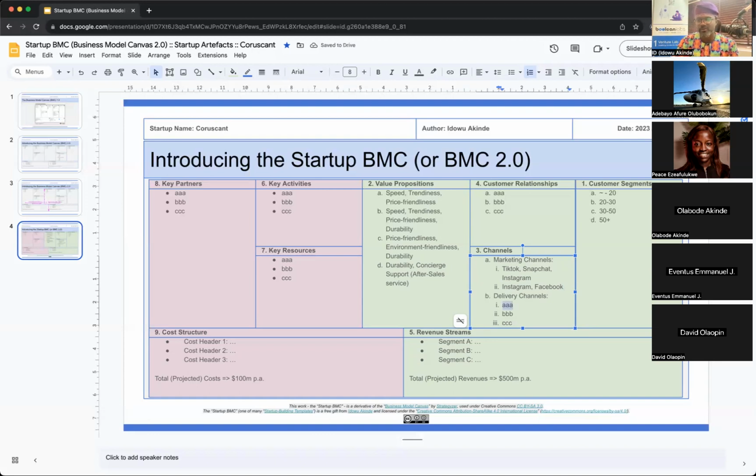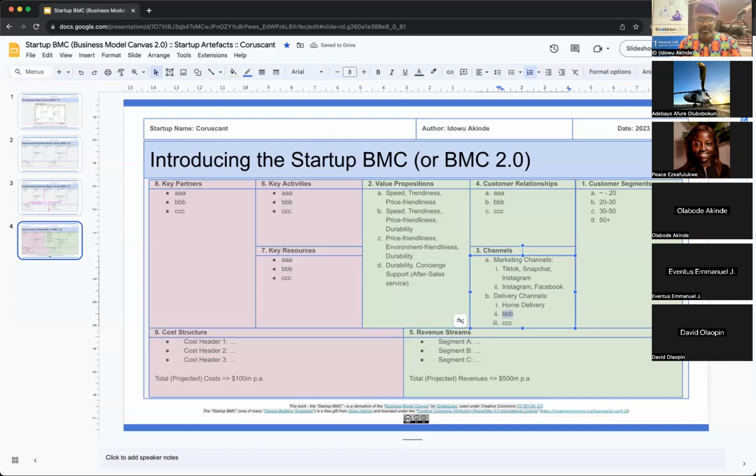So channels is two things. Channels is marketing channels, which we've described, and then delivery channels. Delivery channels is after you've delivered your service, how would you deliver to them? Is it a walk-in store? Do they like being served by walk-in, or do they like payment on delivery, for instance? I think this generation likes home delivery.